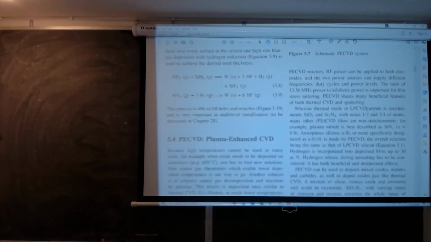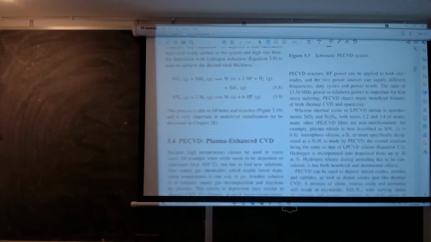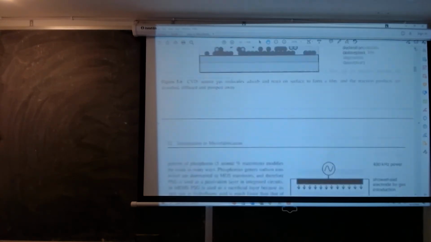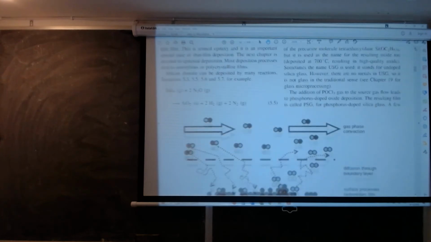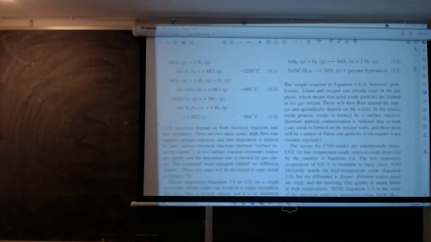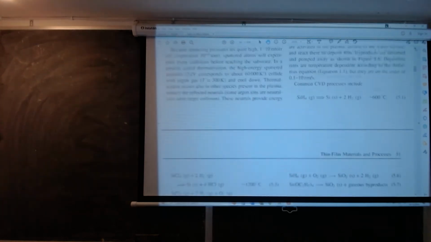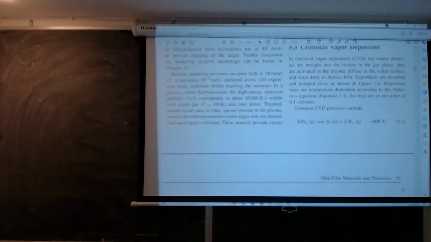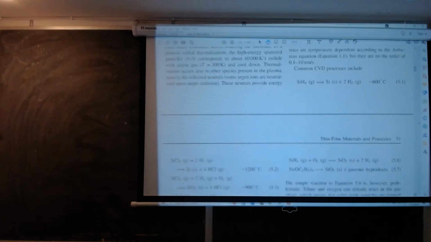Now the difference between plasma enhanced chemical vapor deposition and essentially non-plasma enhanced is LPCVD, which stands for low pressure chemical vapor deposition.